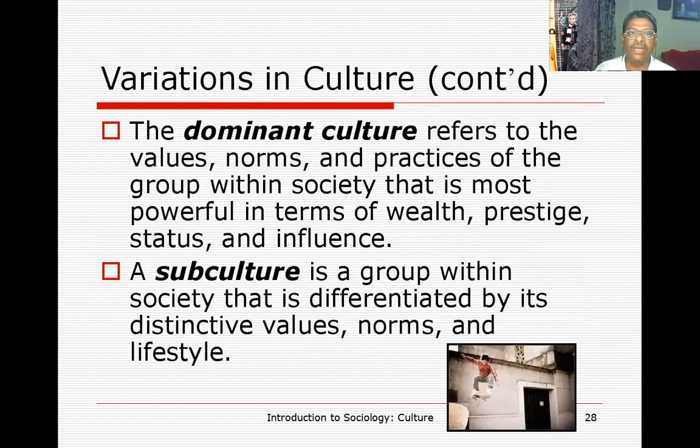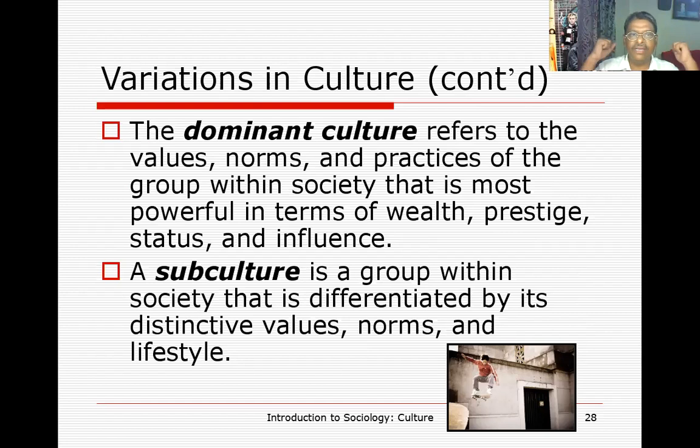We are closing. The dominant culture refers to the values, norms, and practices of the group within society that is most powerful in terms of wealth, prestige, status, and influence. A subculture is a group within society that is differentiated by its distinctive values, norms, and lifestyle.